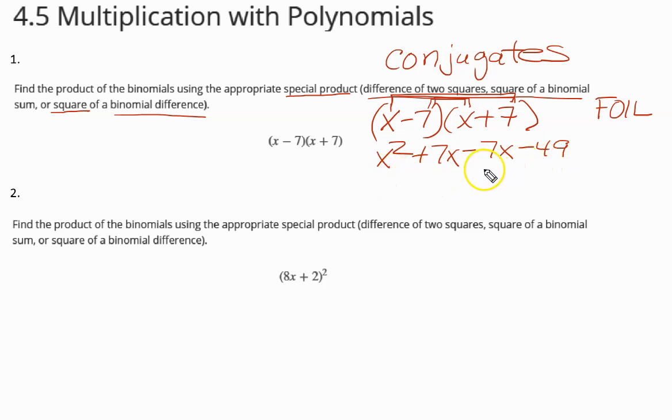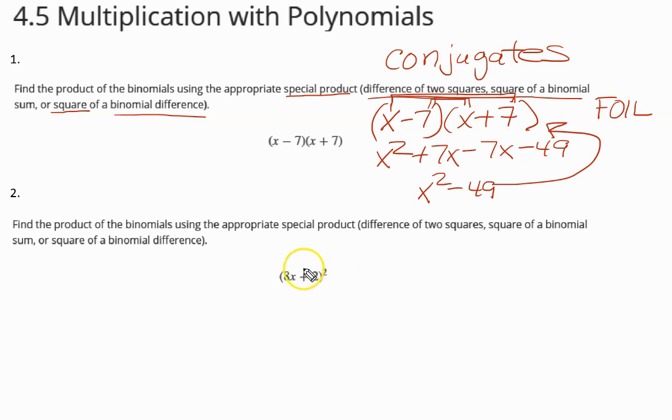So the two middle terms cancel out, and I'm left with x squared minus 49, which is called the difference of perfect squares. Interestingly, later in chapter 5, the difference of perfect squares will factor into its conjugates.